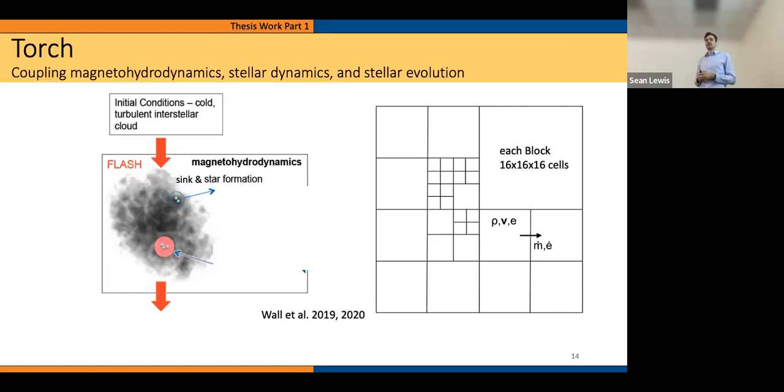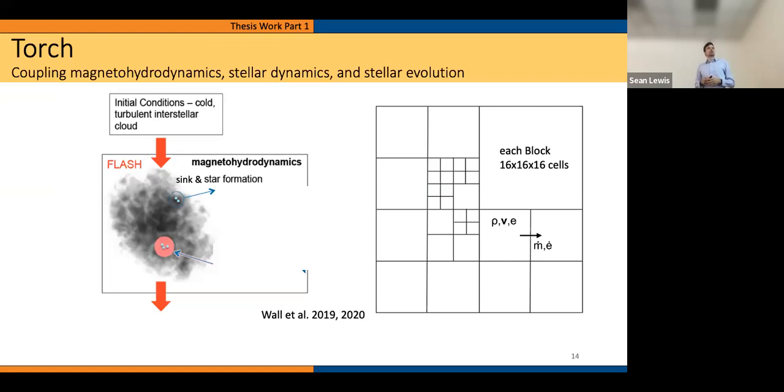This piece is called FLASH, and the structure by which it models the gas collapsing looks like this on the right. It's called an adaptive mesh refinement code. It's a Cartesian grid that has subdivisions of higher resolution. As the gas moves around, this grid remains static, but certain portions of it can become more highly refined if you have gas that's collapsing in and becoming more dense. You want to resolve it more closely, so you can increase the refinement at specific regions.